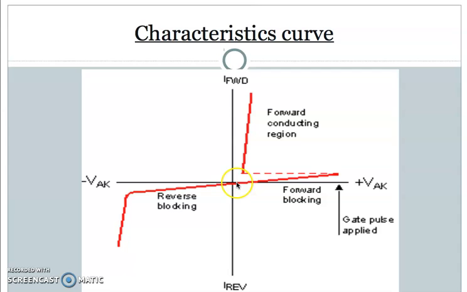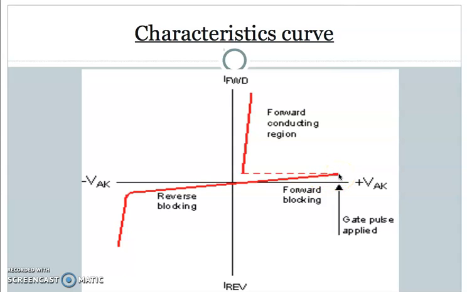And here, first with no gate voltage, only the anode is connected positive with respect to cathode. At that time, due to J2 which is reverse biased, a very minor leakage current flows, and this is in microamperes.